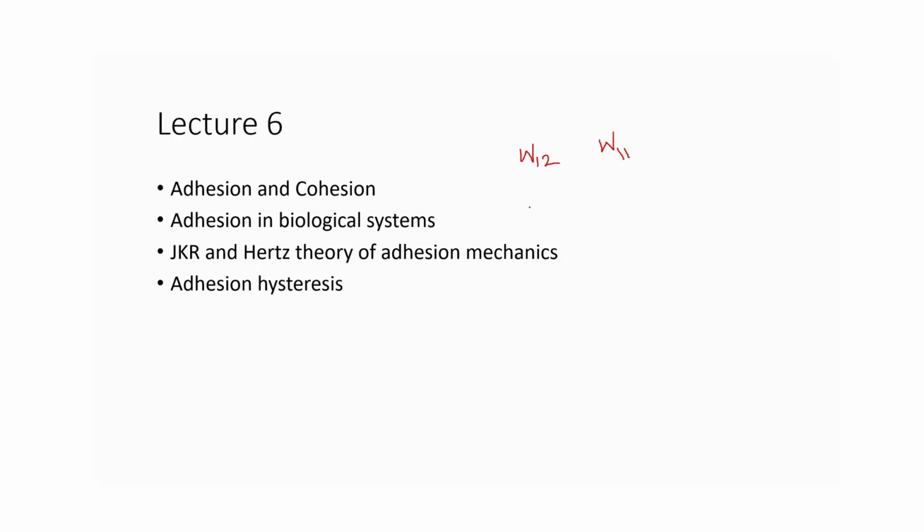And then adhesion in biological systems was discussed. Further, the Chekiar and Hirsch theory of adhesion mechanics, which basically tells about when there are two different spheres of, let's say, R1 and R2, with elastic moduli K and surface energy W12 per unit area.